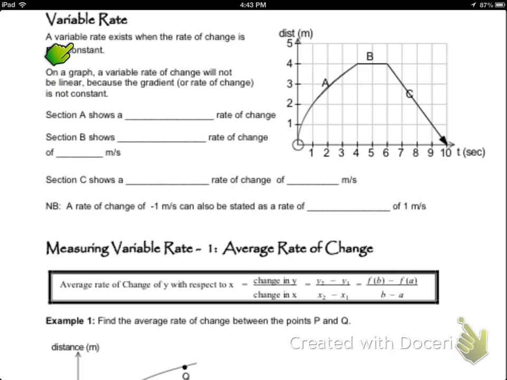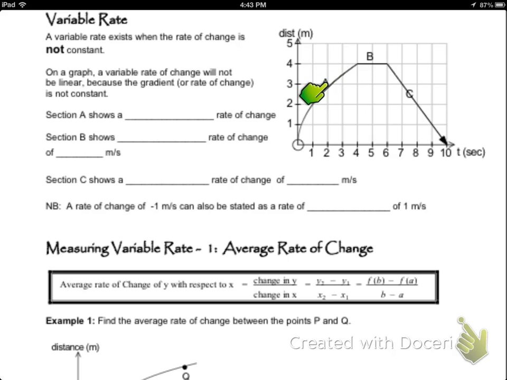A variable rate of change exists when the rate of change is not constant. When we look at this graph over here, which is measuring how distance is changing with time, we can see that over the first 4 seconds the rate of change starts off quite steeply and then starts to tail off.